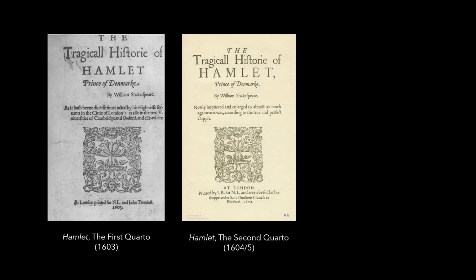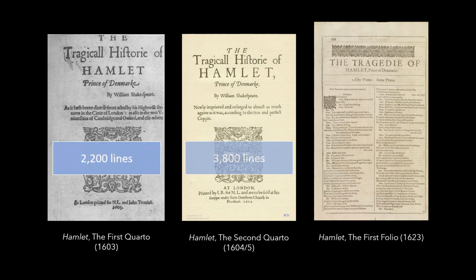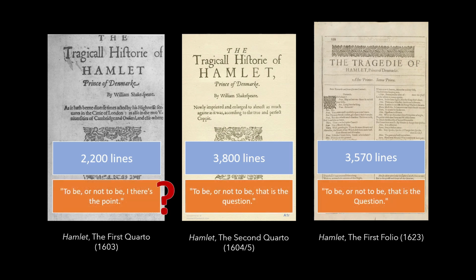Hamlet exists in the so-called first quarto, the second quarto, and the first folio editions. These 3 editions are very different. They have different contents, different lengths, and different versions of the same lines. So which of these versions should a publisher choose when bringing out a new edition of the play? That's where the editor comes in.